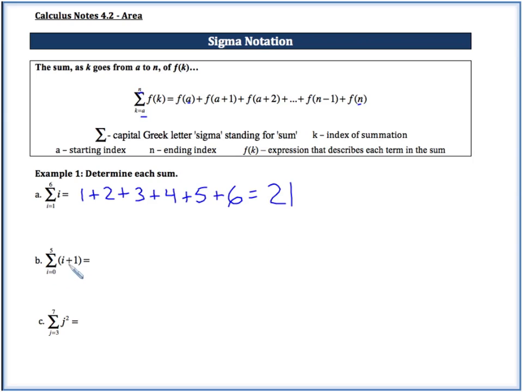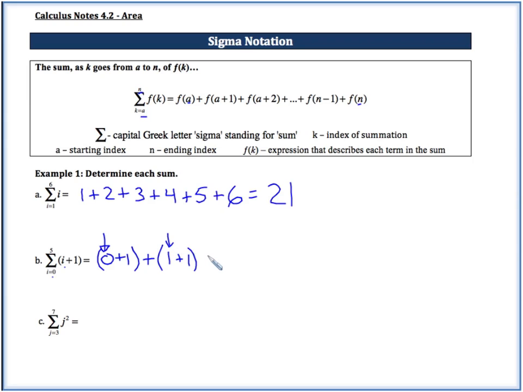Now for letter B, our function is i plus 1, and we want to find the sum as i goes from 0 to 5 of i plus 1. So we're going to substitute 0 in for i, and then we're going to keep increasing i by 1 all the way up till we get to 5. So if we increase that by 1, then we go up to 1.